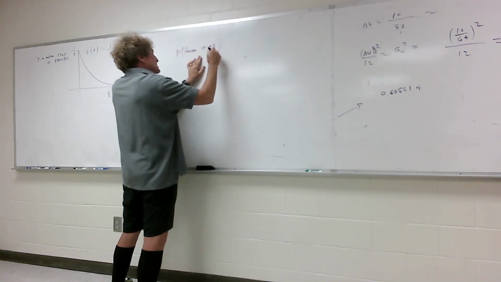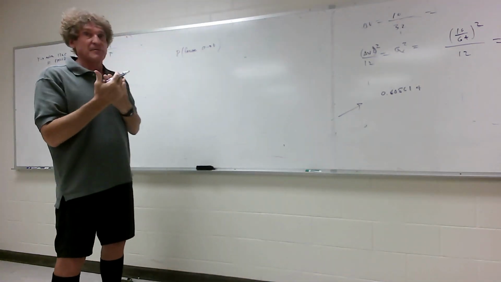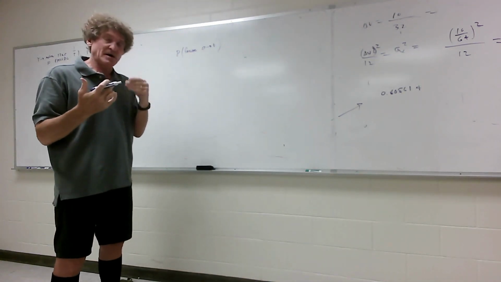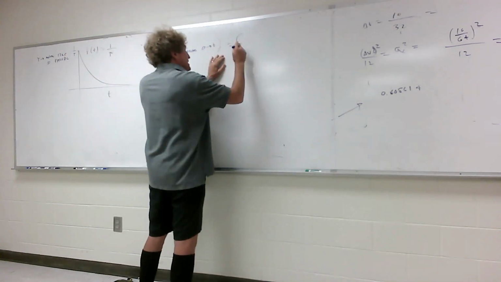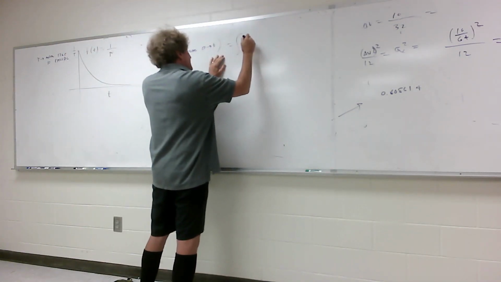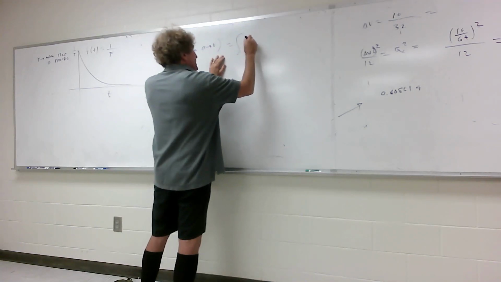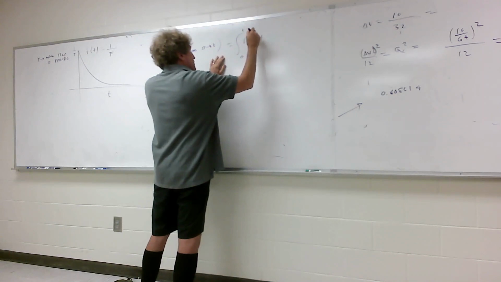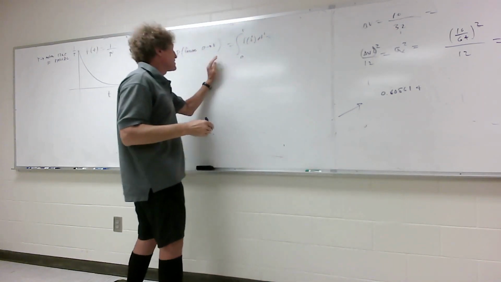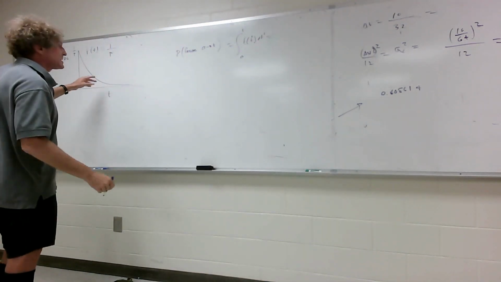I'm going to try to put this down here. So if something's going to fail between the time it starts and time t, it would be the integral of f of t dt from 0 to t. And I'd have to find this. When you do this, it is an exponential right here.